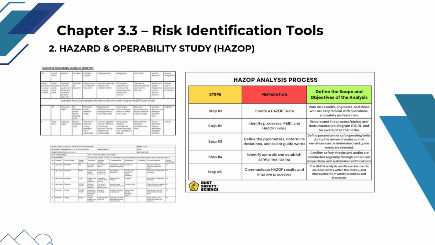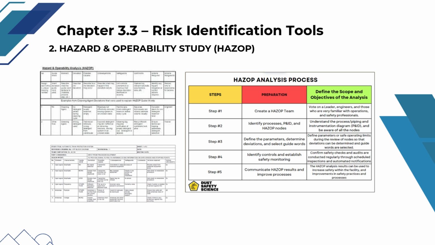HAZOP, or Hazard and Operability Study, is a structured risk identification tool used to systematically identify potential hazards and operability issues in a process or design before implementation. It works by breaking the process into sections or nodes and applying guide words such as more, less, none, reverse, or other than to identify deviations from intended operation.